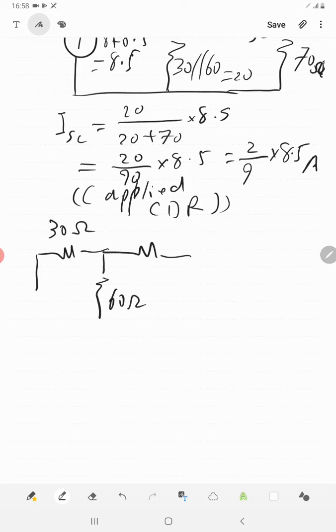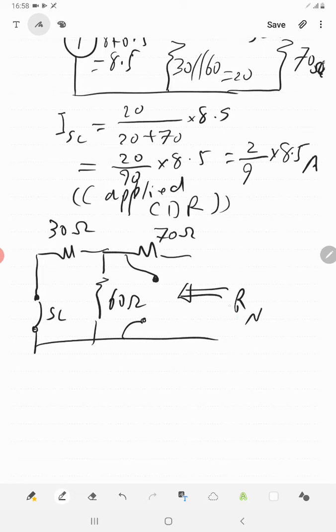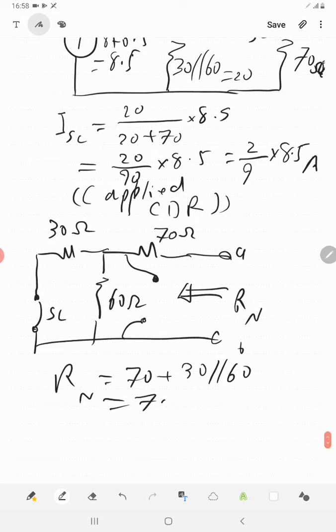We make a short circuit because it's a voltage source, and an open circuit because it's a current source. We have the 70 ohms here, and we look at R. So Rn will be 70 plus 30 parallel with 60, so 70 plus 20, which is 90.